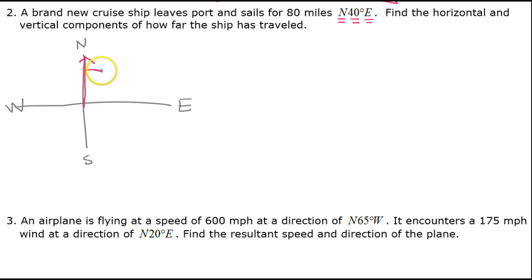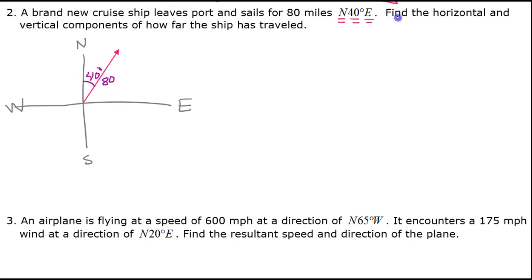So you're supposed to imagine turning 40 degrees this way and then imagine the vector that you would have. So in other words, this angle right here should be 40 degrees. Okay, and don't forget the magnitude of this vector is 80.